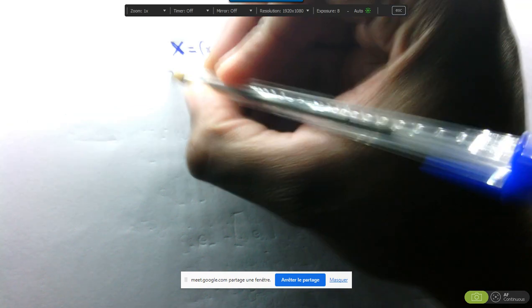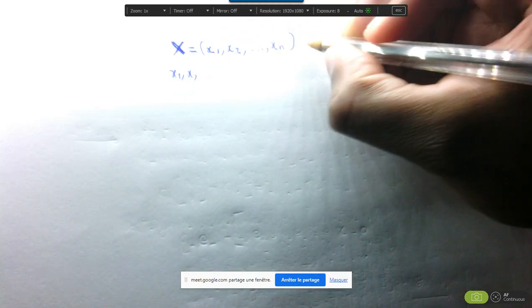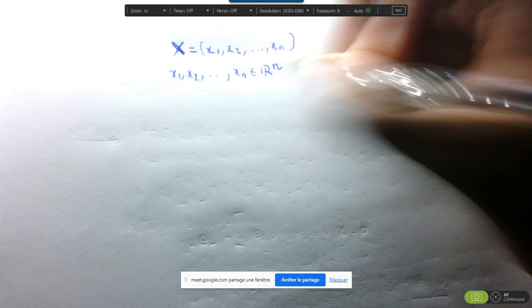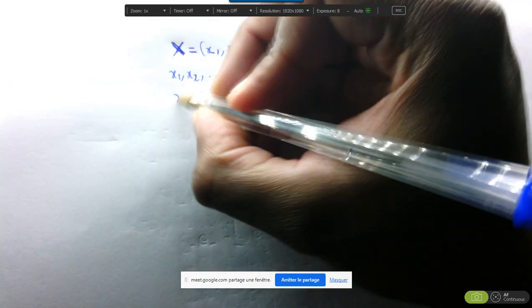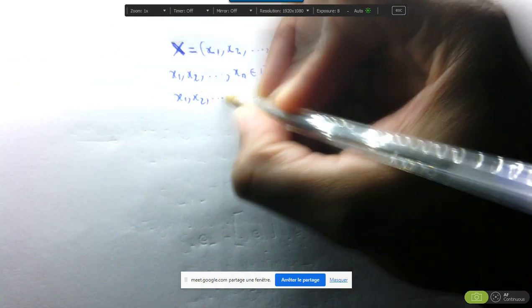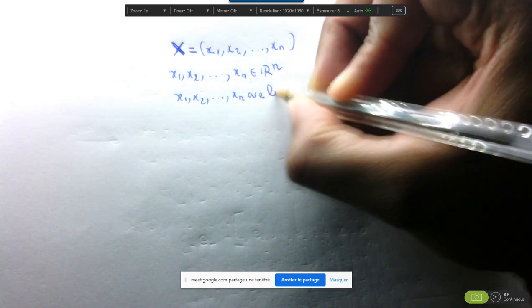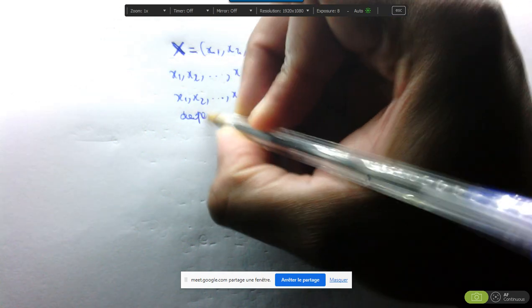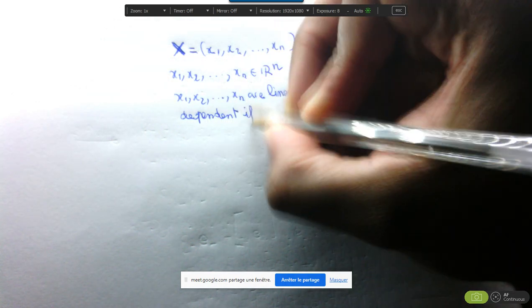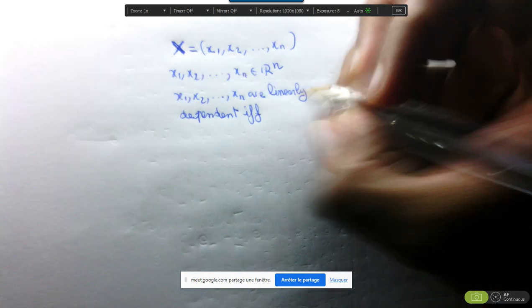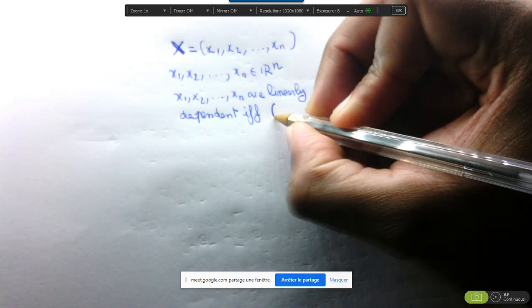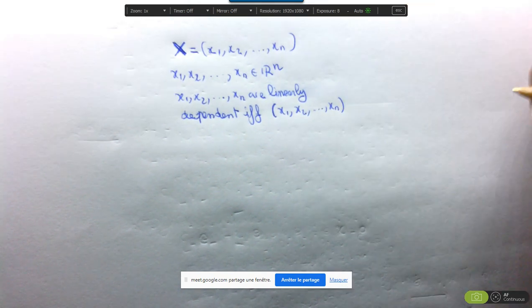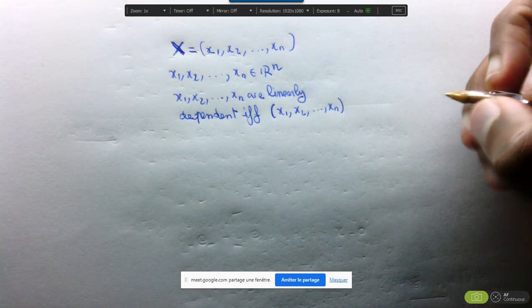So x1, x2, and those vectors belong to Rn, and we say that x1, x2, dot dot dot xn are linearly dependent if and only if the matrix that has been formed by those vectors, if we insert them into a column, if that matrix is singular.